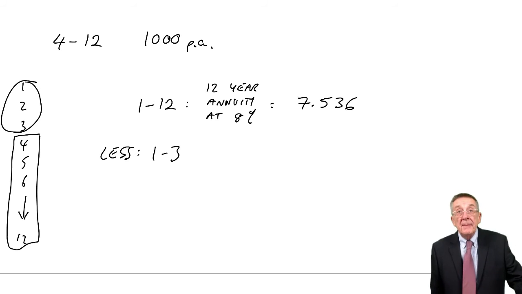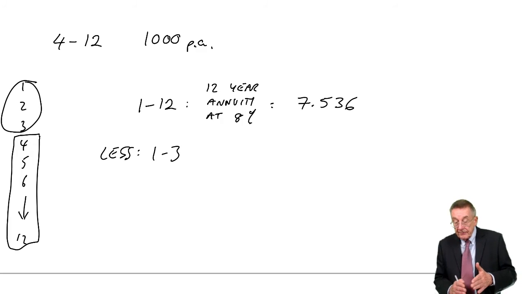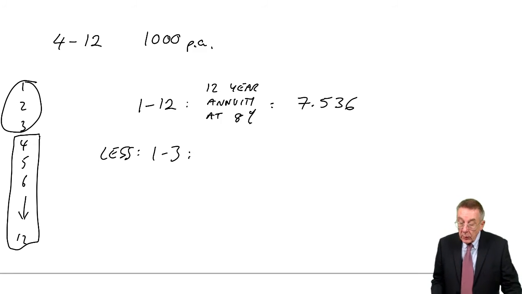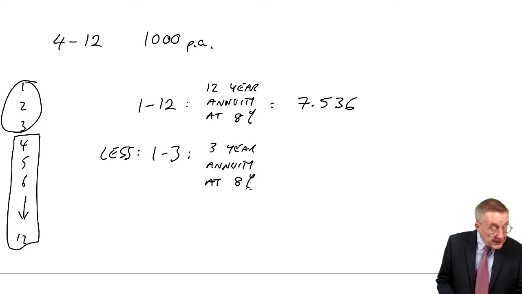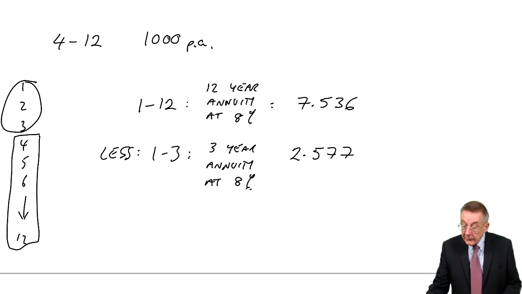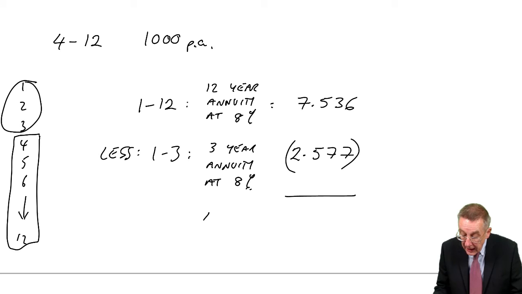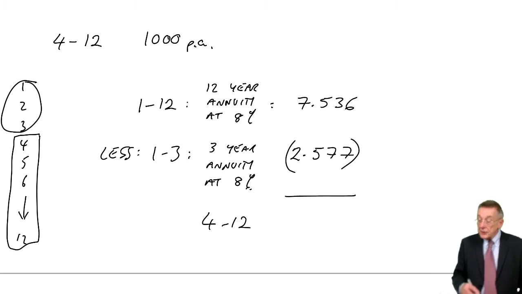The annuity tables give us the total factor for any number of years from 1 onwards. And so the total for 1 to 3 is the 3-year annuity at 8%. From the tables, 3 years at 8% is 2.577. And if we subtract that, we'll be left with what we want, the total factor for years 4 to 12.